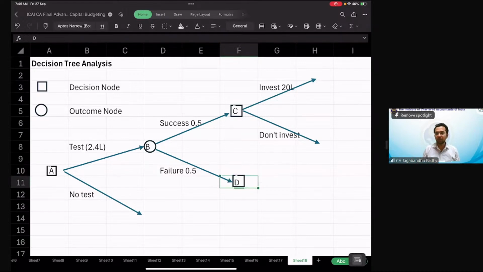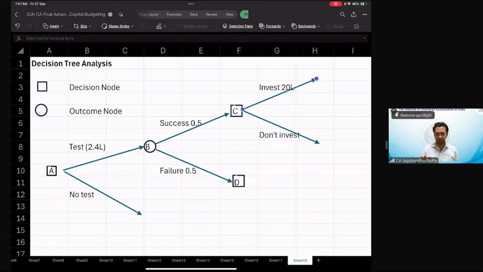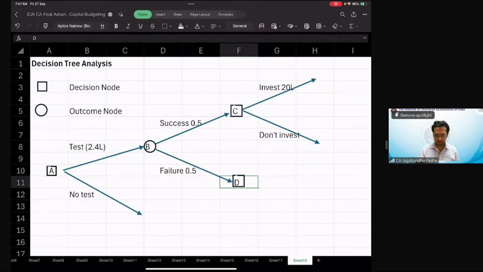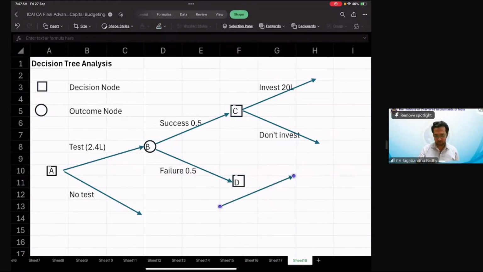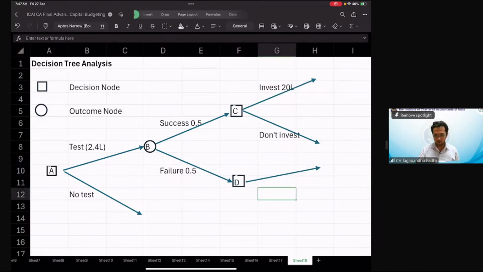Okay. Now here again, we have got two choices: to invest or not to invest. Let me just add this to the diagram here.